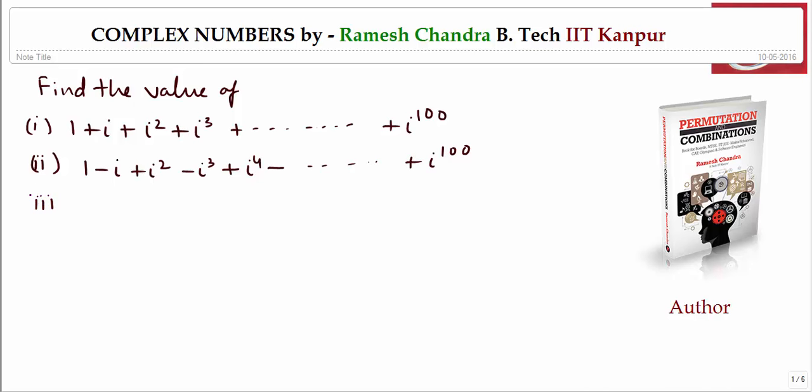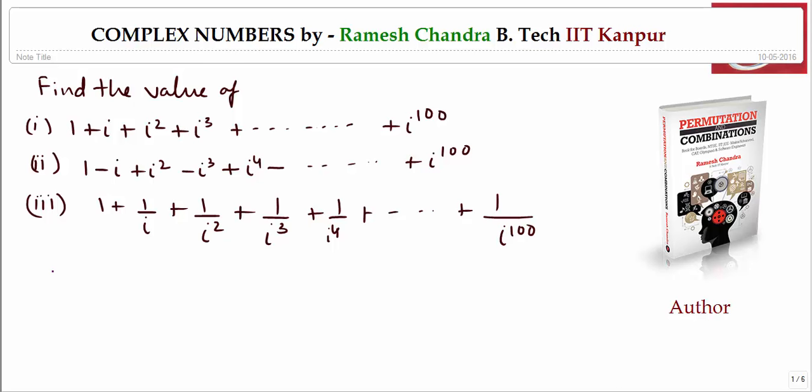Third, 1 plus 1 upon I plus 1 upon I square plus 1 upon I cube plus 1 upon I to the power 4 and so on up to 1 upon I to the power 100. Fourth, let's solve this. We can also solve it simultaneously.